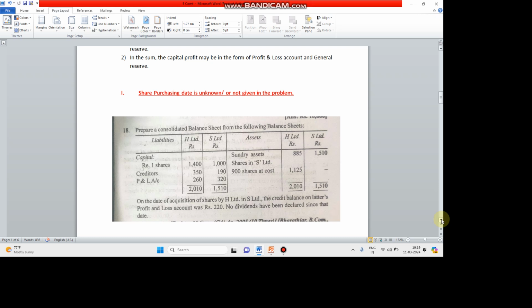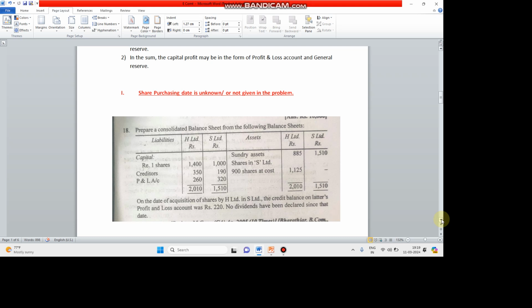This is the information given in the balance sheet. In the adjustment, on the date of acquisition of shares by H Limited in S Limited, the credit balance in the profit and loss account was rupees 220. No dividend has been declared since that date.